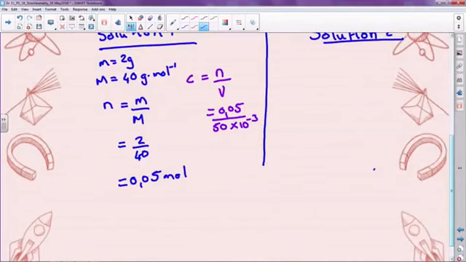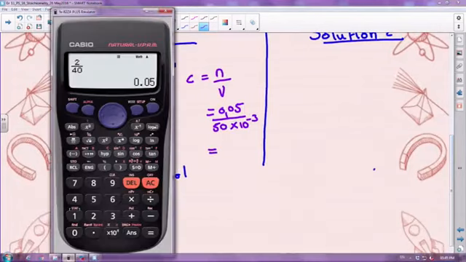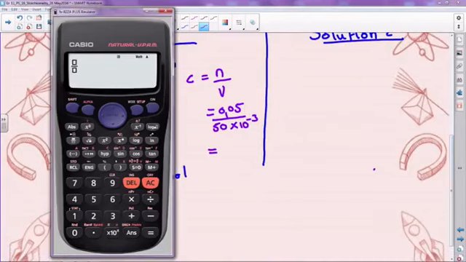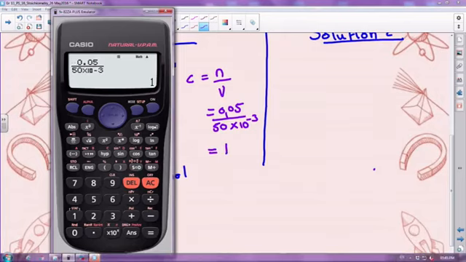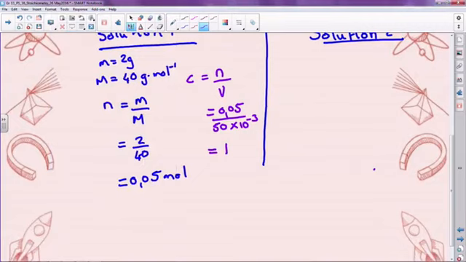Remember, it's the same as dividing by 1,000. So let's go to my calculator again. I use my fraction again. 0.05, and at the bottom here, I've got 50. I'm going to use my exponent button times 10 to the minus 3. Okay, what does that give me? It gives me a concentration of 1. So mine is 1 mole per decimeter cubed.